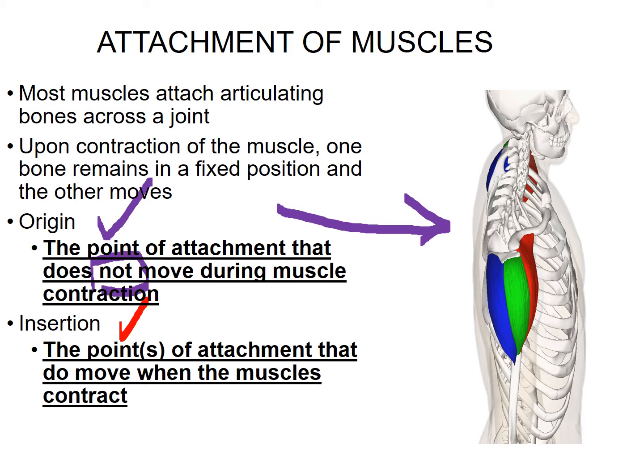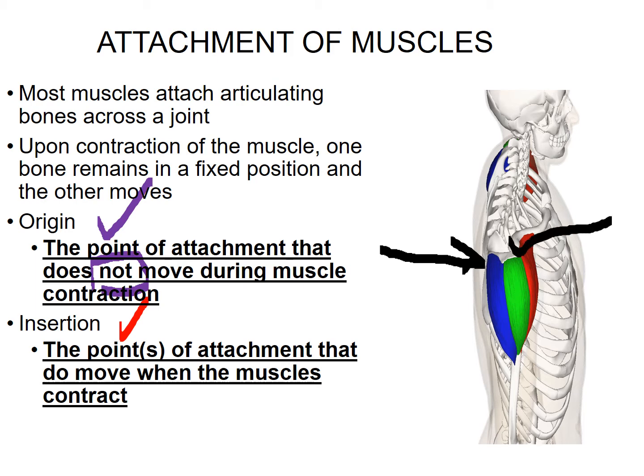So take a look at these attachment points for the deltoid. You have an area, now that we know all the bones, this is really fun, we can talk about this stuff. It connects to the scapula and the clavicle area, right? And then you can see this is also a great example of a convergent muscle. It converges on this one tiny little tuberosity on the humerus.